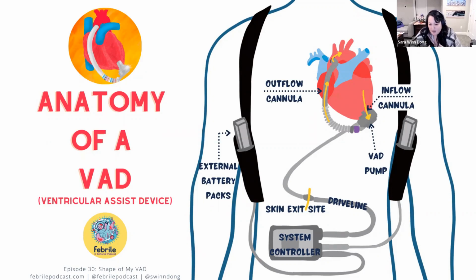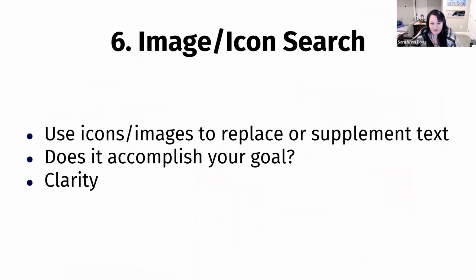And so there's generally a mix of the different types of images that you'll need in graphics. And I would say, in general, the more that you can lean towards the second one, meaning the icons or images are directly replacing text or supplementing text, are certainly the most valuable.